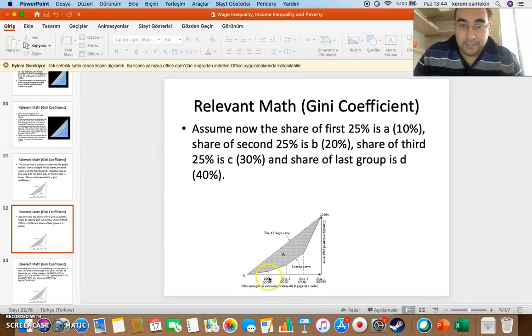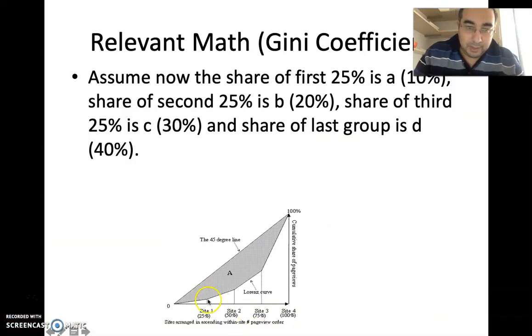I mean, the area of the first triangle, which ends at this point. At the bottom we have 25% share of the population, and as a vertical line we have the share of the 25% population.